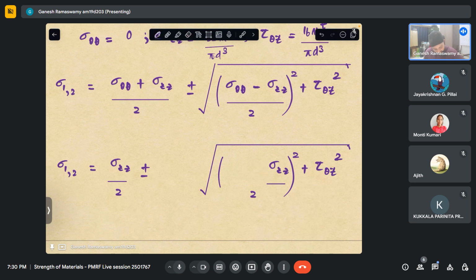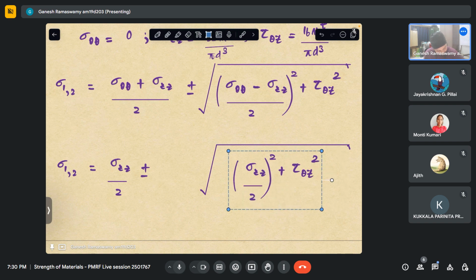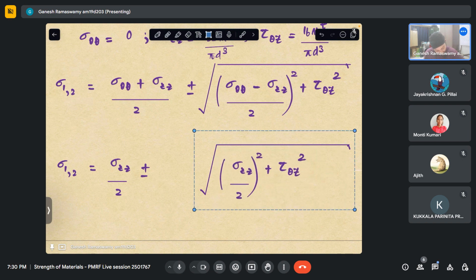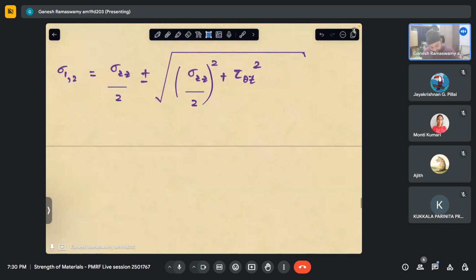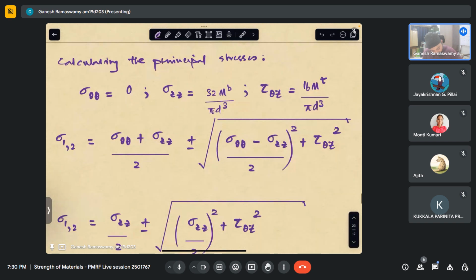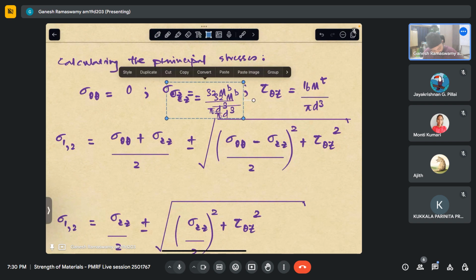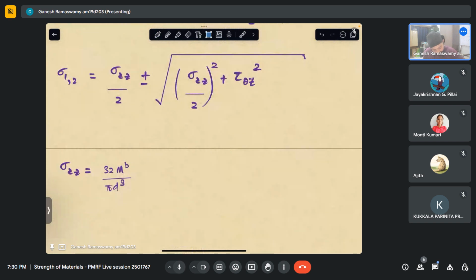So this comes out to be the simplified version of that. So let us substitute this. We know that sigma zz is this much and tau z theta is this quantity.